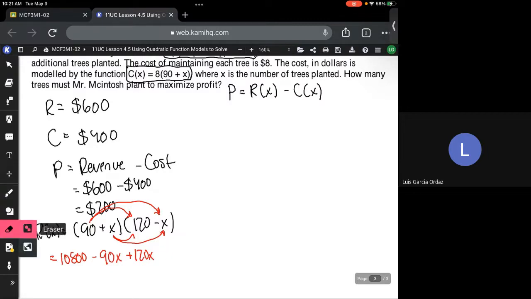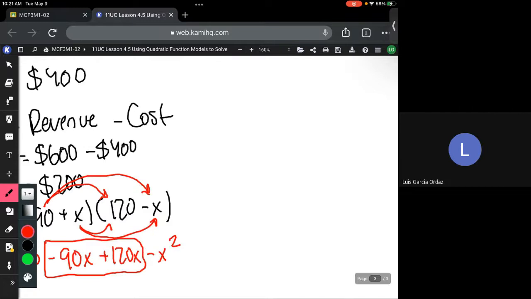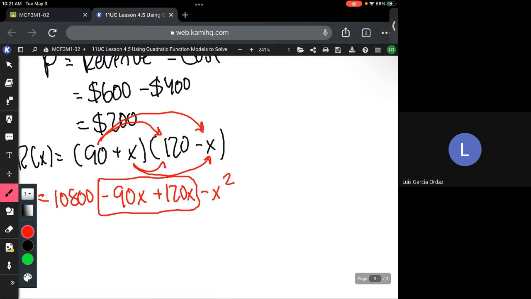A really big number. So can someone tell me what negative 90x plus 120x gives me? What's negative 90 plus 120? Positive 30. Yeah.